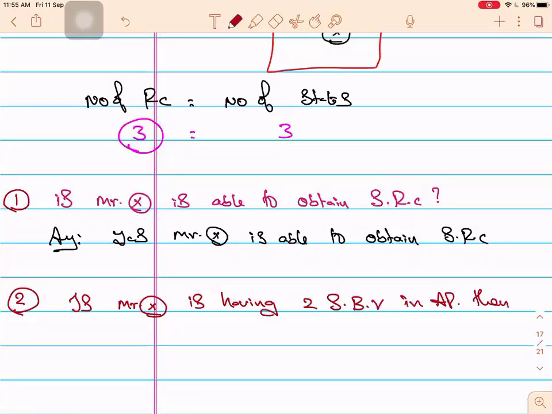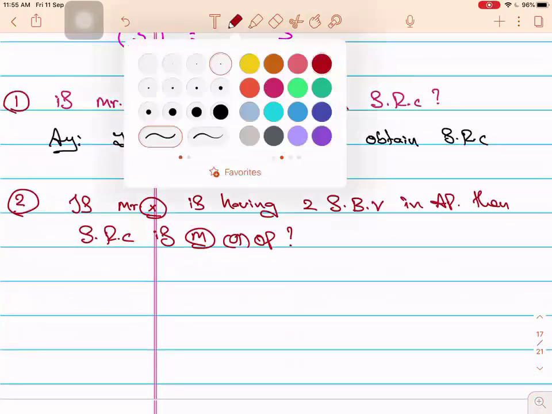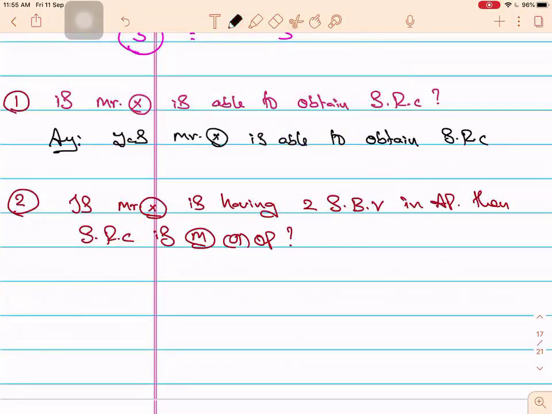Then is separate RC mandatory or optional? If Mr. X is having two separate business verticals in AP, then is separate registration mandatory or optional? What is your answer? Separate registration is optional.